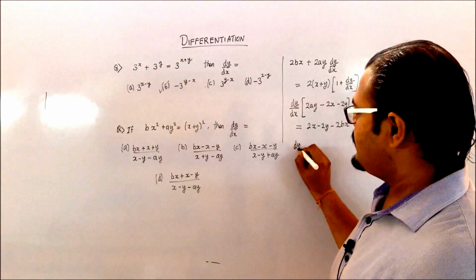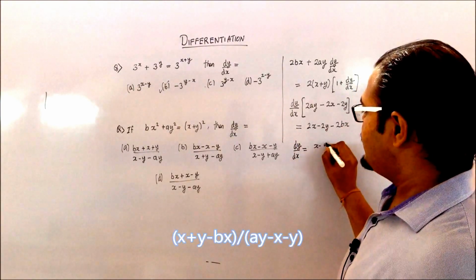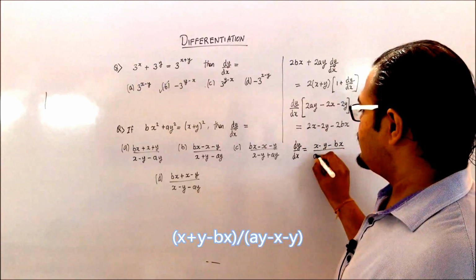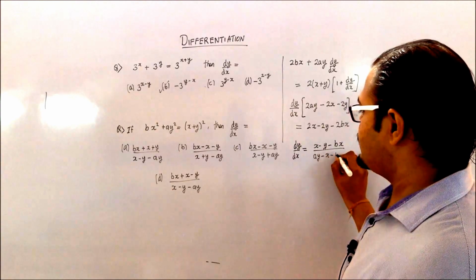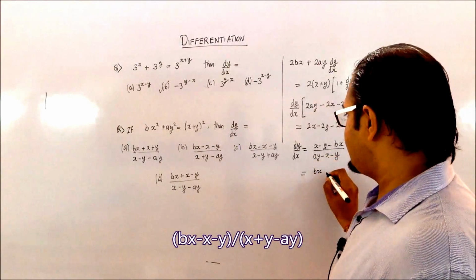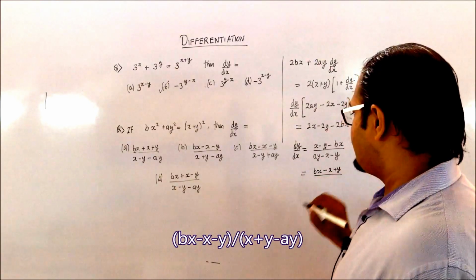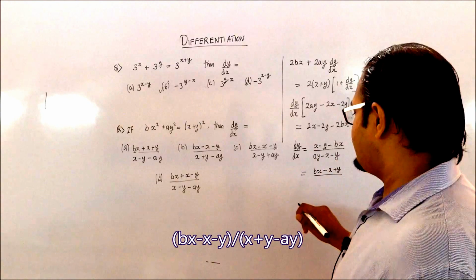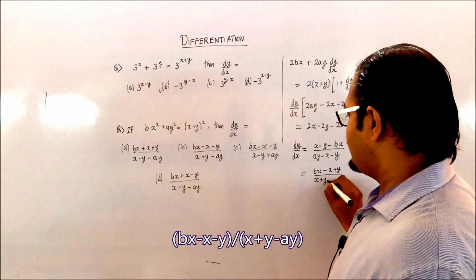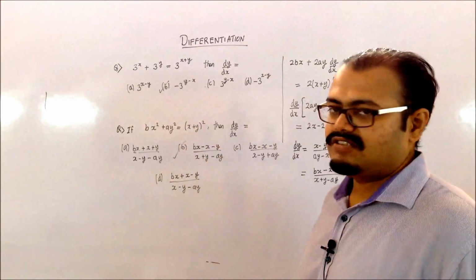So now you will have dy by dx equals x minus y minus bx divided by ay minus x minus y. If you take that minus sign outside, you will have bx minus x plus y divided by, that minus sign can also be taken from here, so you will have x plus y minus ay. So basically that option is your B option.